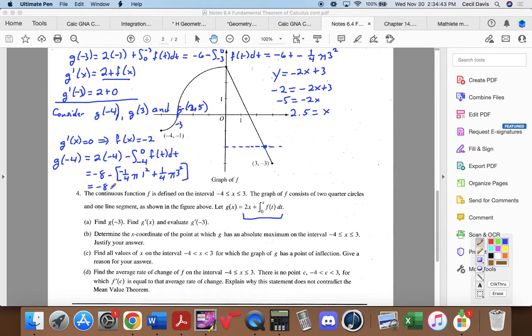That's going to be negative 8 minus negative pi over 4 plus 9 pi over 4. Let's see, that's 8 pi over 4, which is 2 pi. So it's negative 8 plus 2 pi.